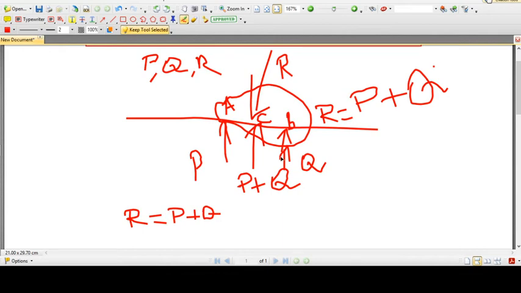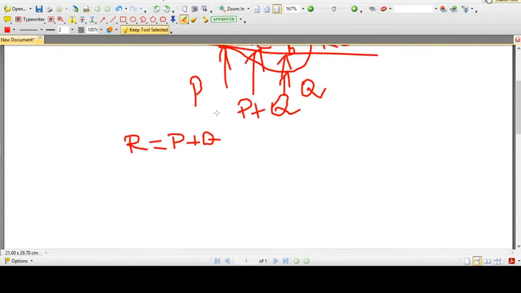Therefore, we get that P into AC equal to Q into CB.